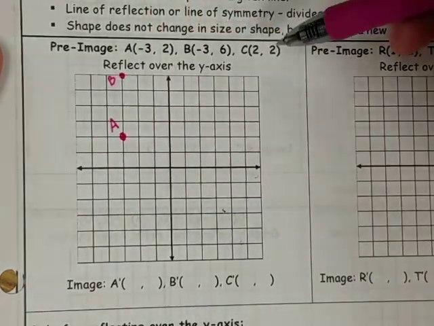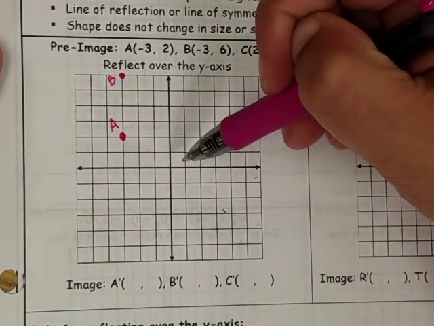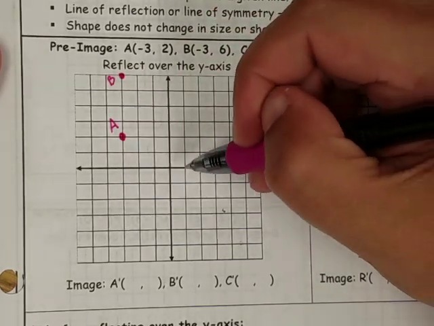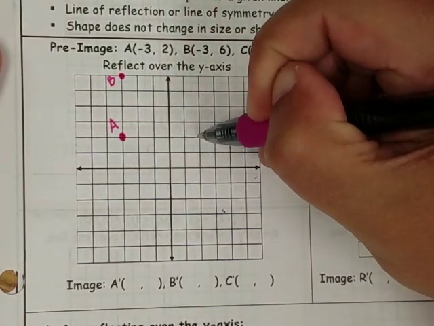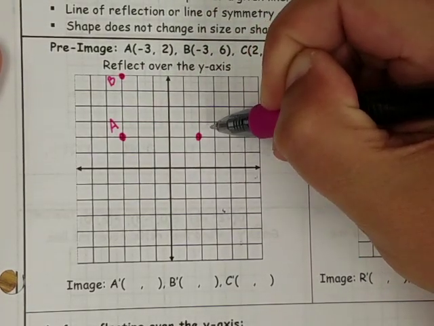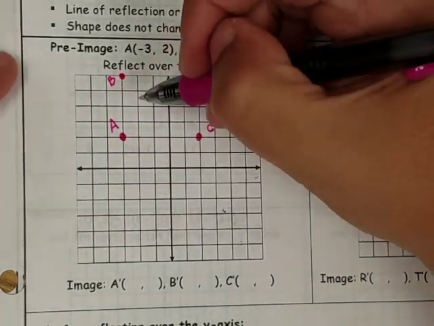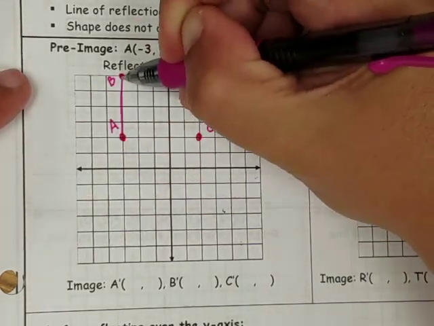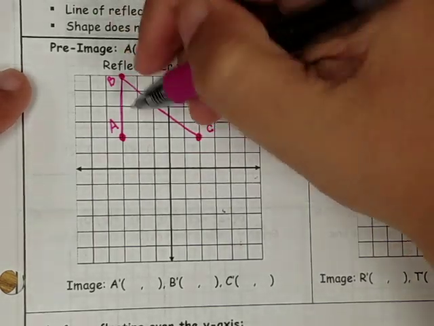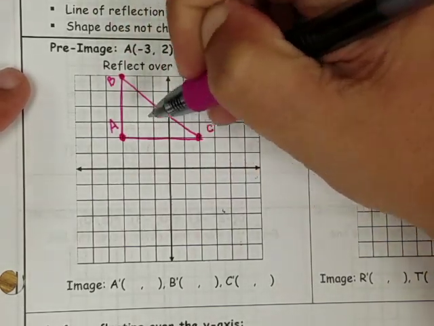Label it, please. C is at 2, 2. And there's my C value. I then can connect my 3 vertices to create my triangle.